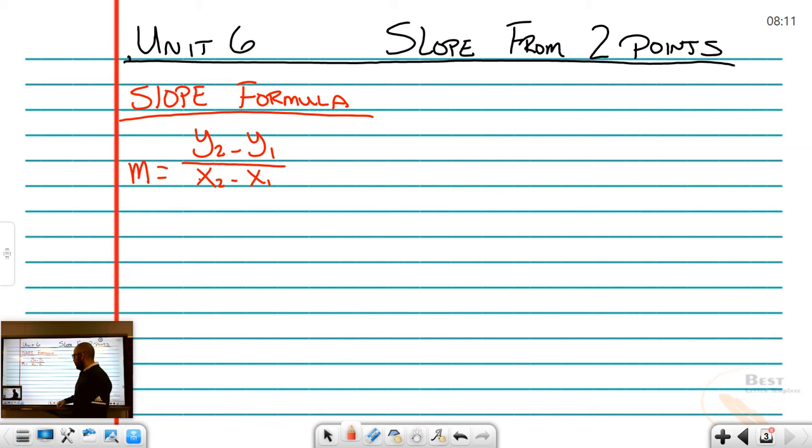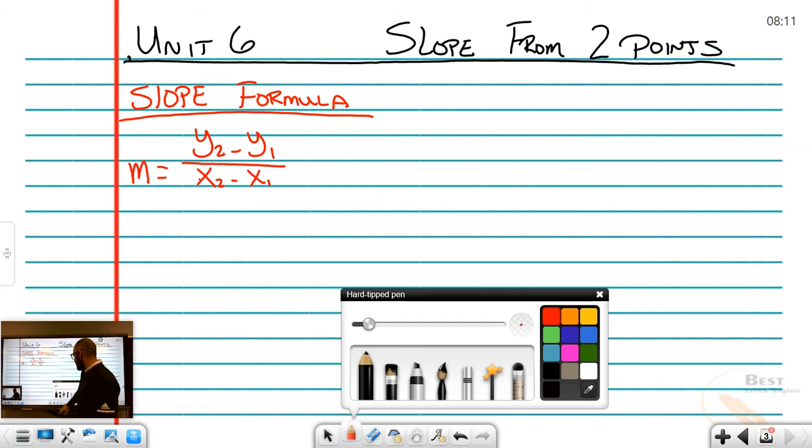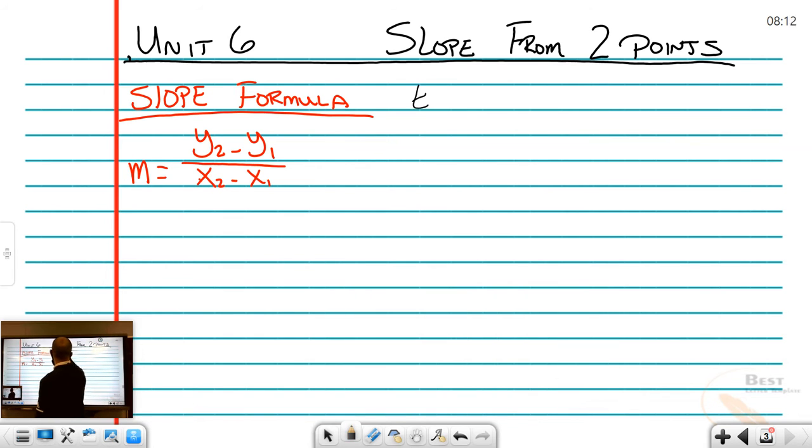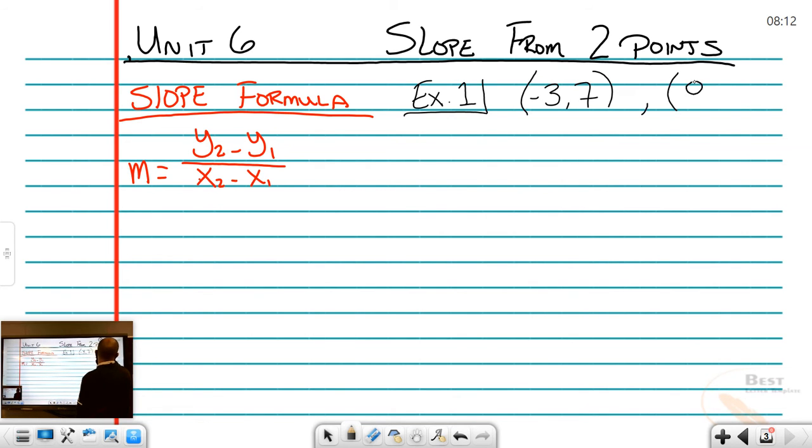Okay? So let's look at an example. That's going to be the easiest way to kind of start this. Example 1. We're going to find the slope. Let's say our points are (-3, 7) and (8, 4).